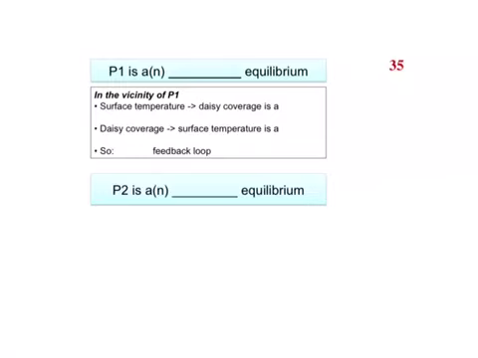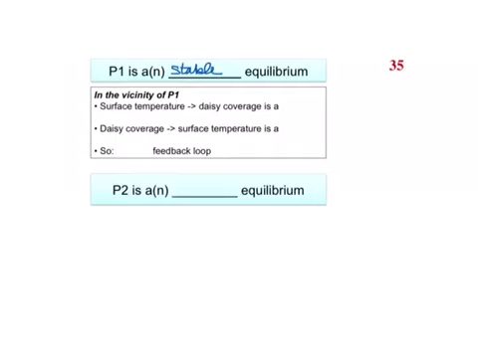So just to complete this little table here, we have that P1 is a stable equilibrium. And in the vicinity of P1, surface temperature to daisy coverage is a positive relationship.